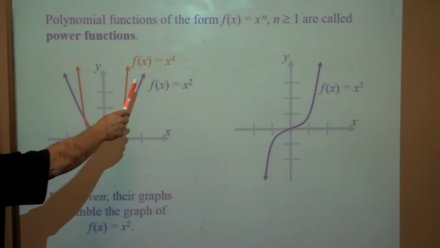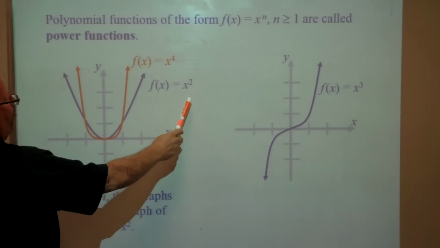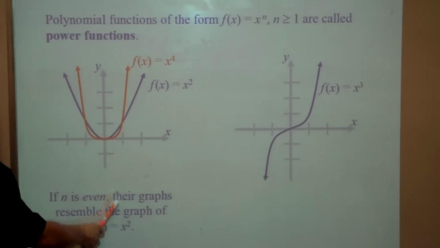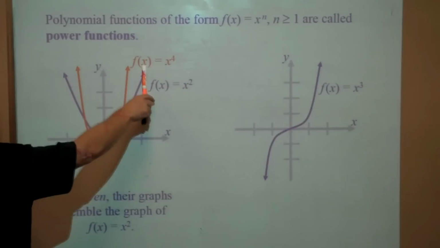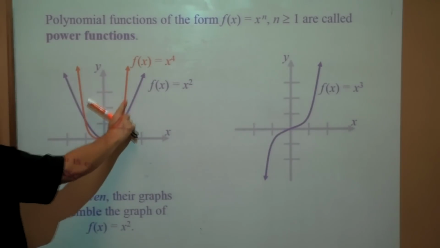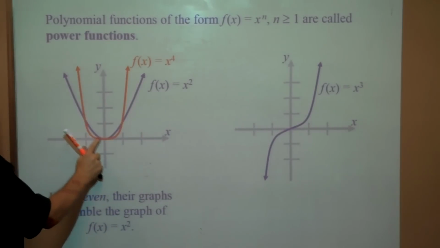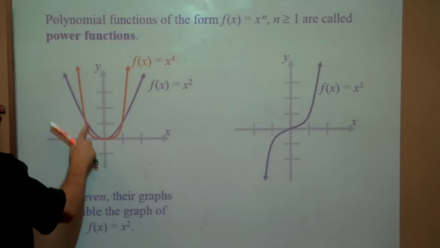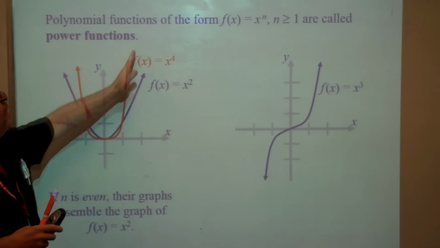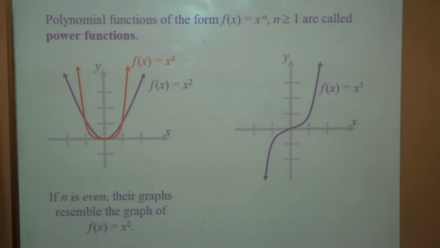If this power is an even power, then the graph is going to look something like that graph of x squared. See, x to the fourth, it's going to continue up at a steeper rate, and the bullnose down here gets a little bit wider. Okay, but it has the same shape, and it has what we call the end behavior of a quadratic.